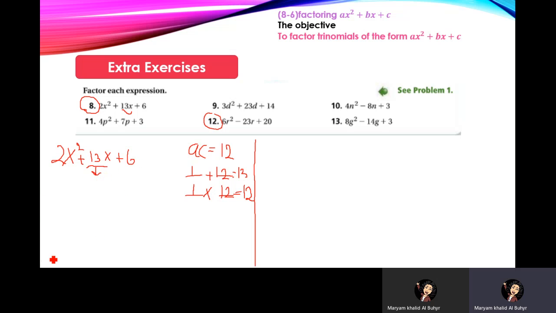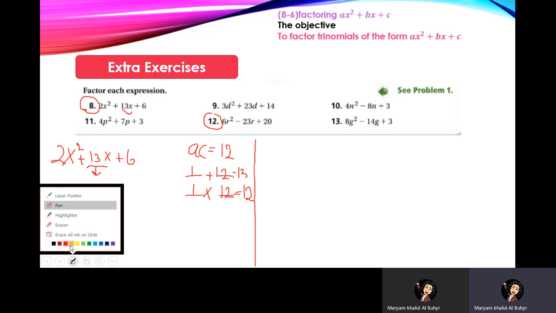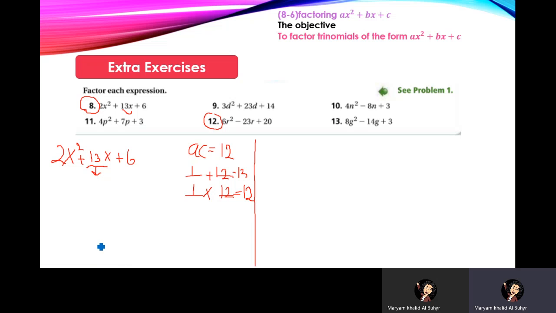I just need to rewrite this part here down. First, I'm going to ask myself, all right, if I write here 12x, okay, there is a common factor between them. But if I write 1x here for this part, it is not useful because there is no common factor between them.